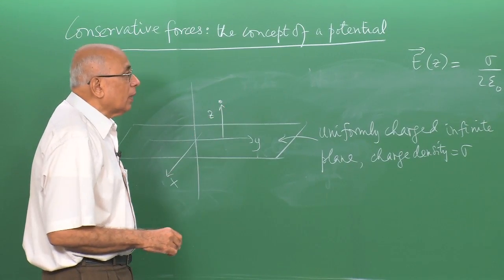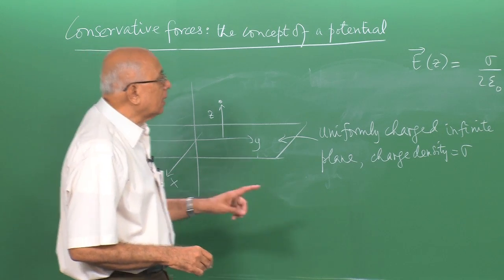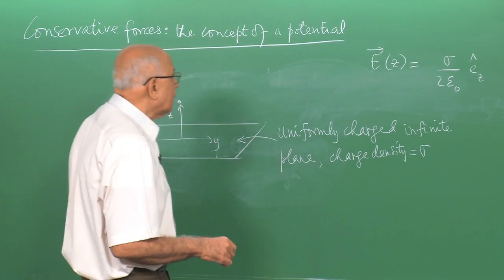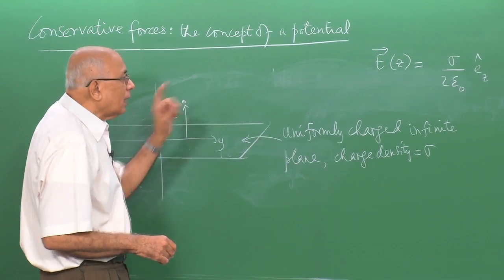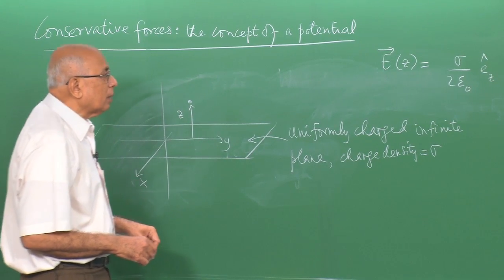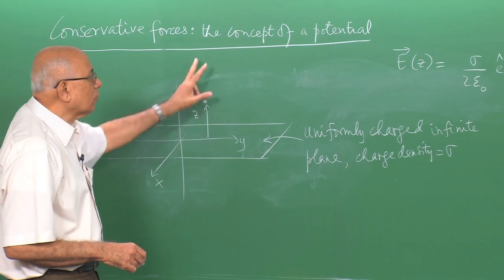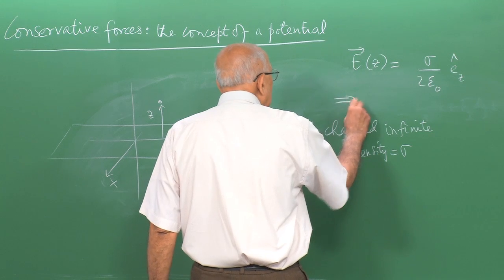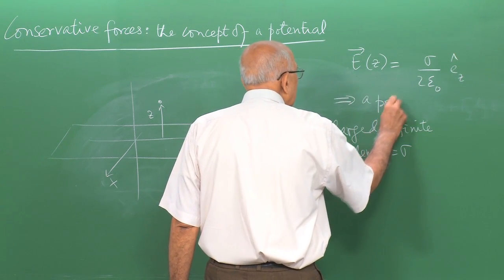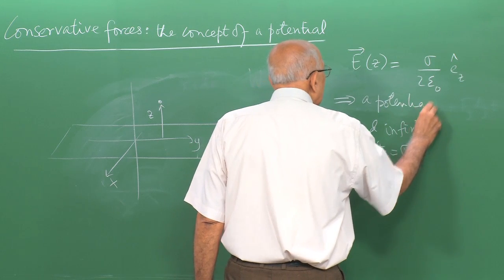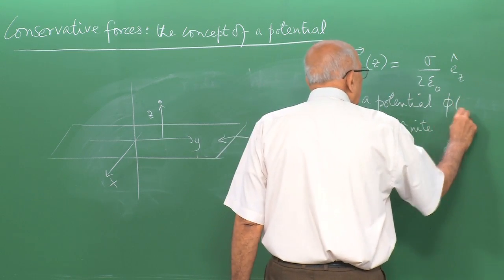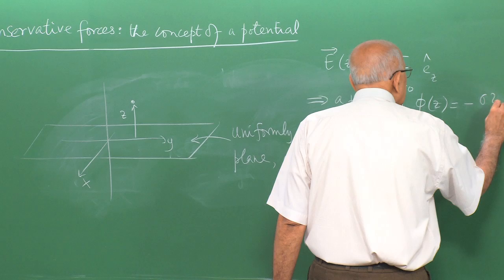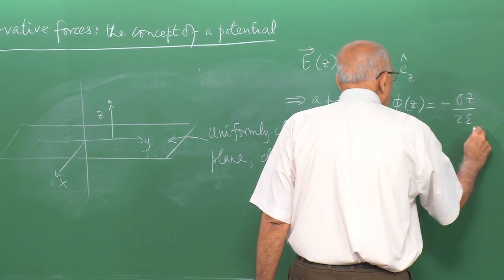That's E of z. And the question is, can I relate this E of z to some potential such that the derivative of that potential with an appropriate minus sign is going to give me this force? And the answer is yes, immediately, because this will correspond to a potential phi, which will be a function of z, of course, equal to minus sigma z over 2 epsilon naught.